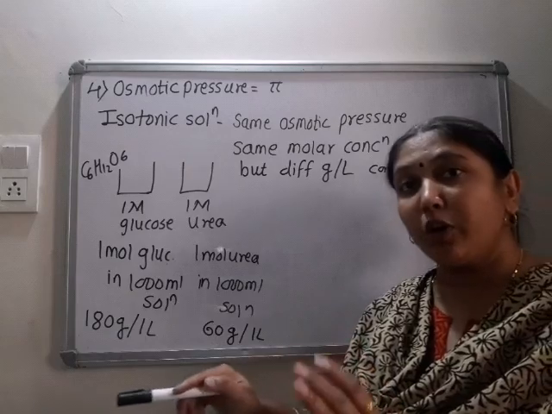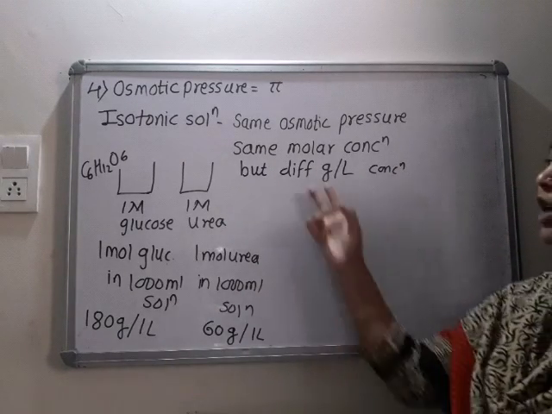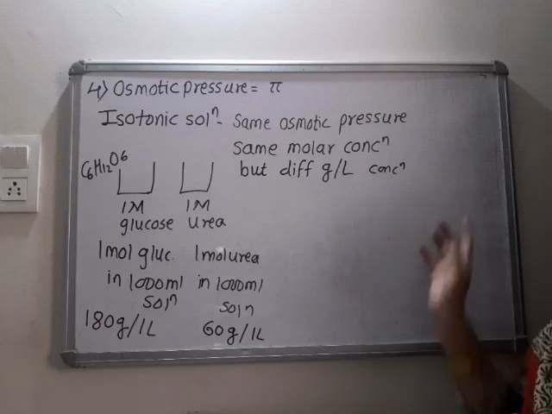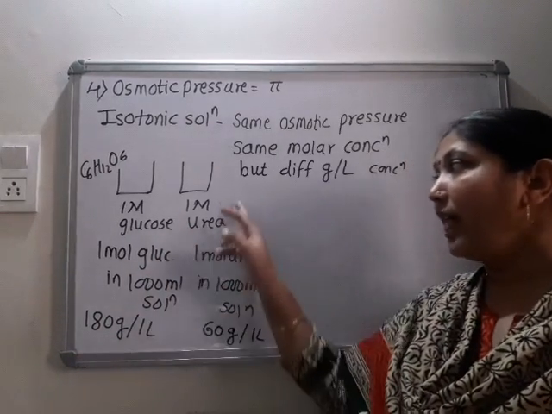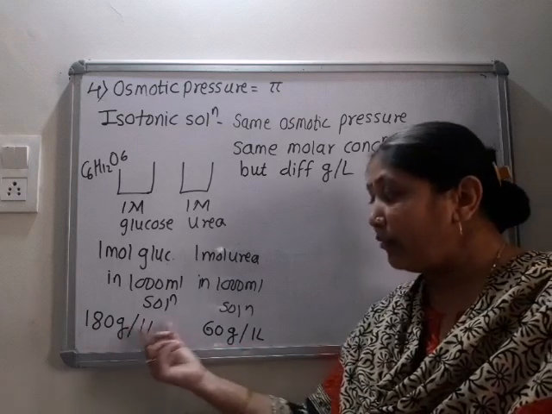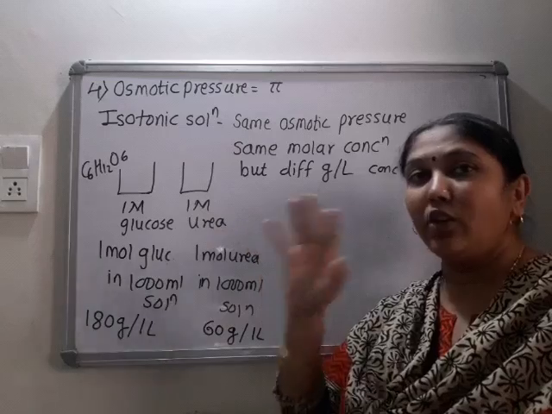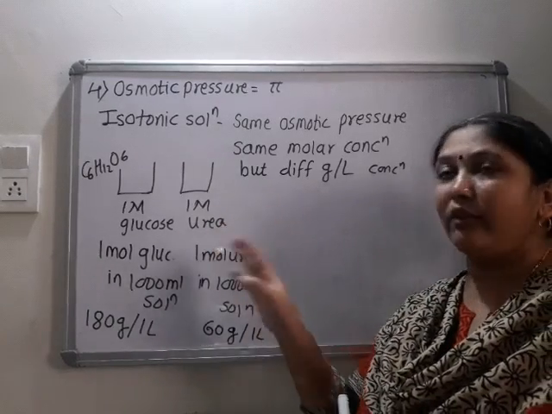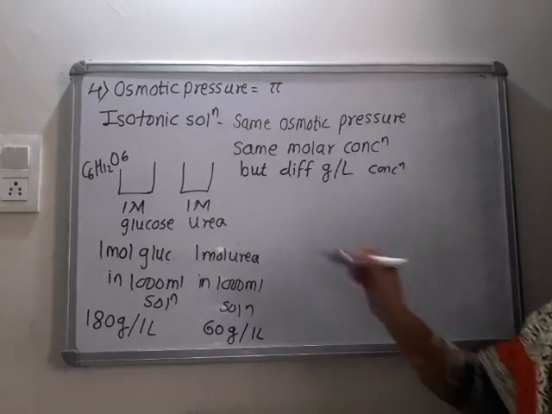They have the same molar concentration, but different gram per liter concentration. 1 molar glucose means 180 gram per liter and 1 molar urea means 60 gram per liter. So their gram per liter concentration is different, but mole per liter concentration is the same, and that only we have to consider, not gram per liter. Okay. Next one. This is isotonic solution.